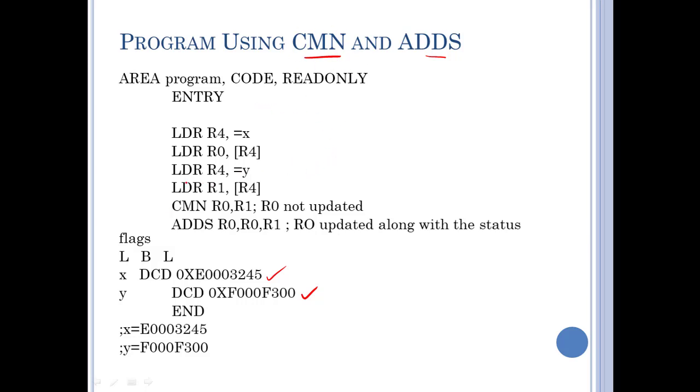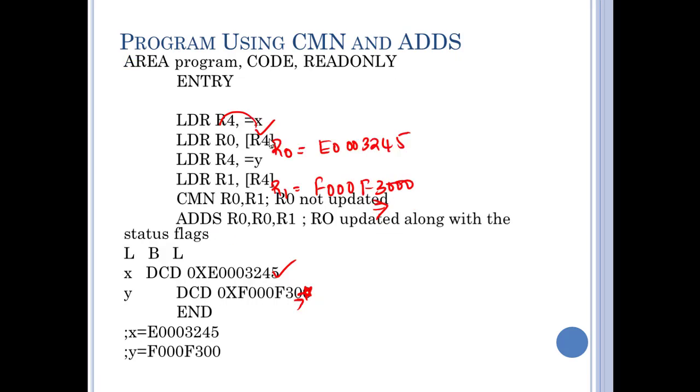So LDR, first get the value of X in R0, get the value of Y in R1. CMN R0, R1: R0 and R1 are not updated. Add these two. R0 is 3245 and F followed by F300.